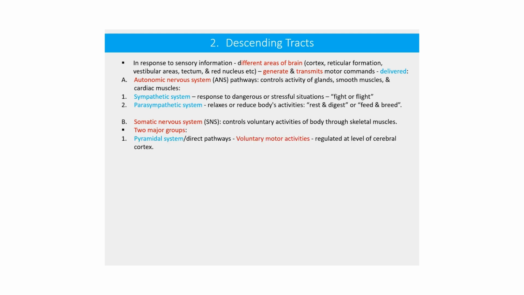The first one is the pyramidal system or the direct pathways, which control the voluntary motor activities of the person. These activities are regulated at the level of the cerebral cortex. The second subgroup comprises extrapyramidal systems or indirect pathways, which control the involuntary motor activities of the body and are regulated at subcortical level.